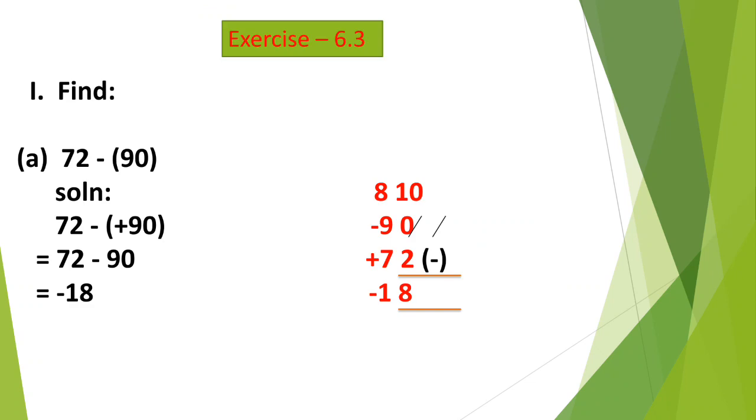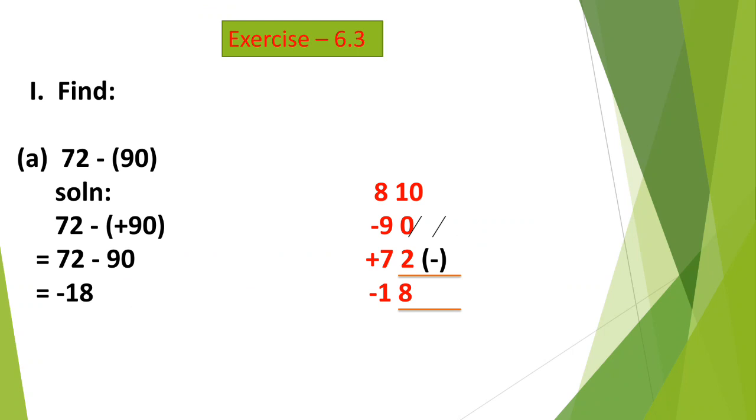So we will get 72 minus 90. 72 is a positive number. 90 is a negative number. We want to subtract it. Minus 90 plus 72.